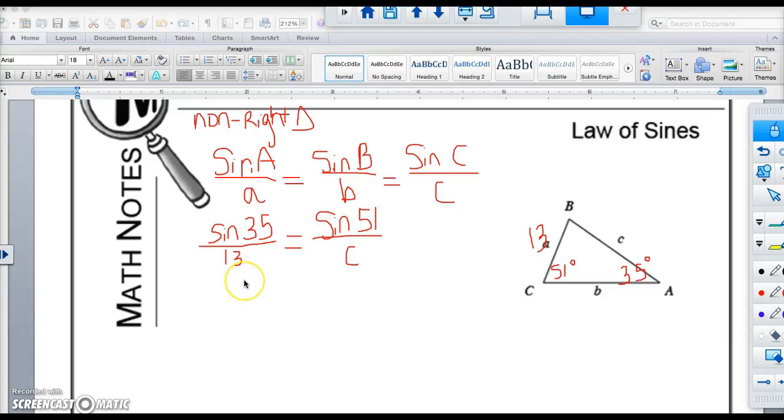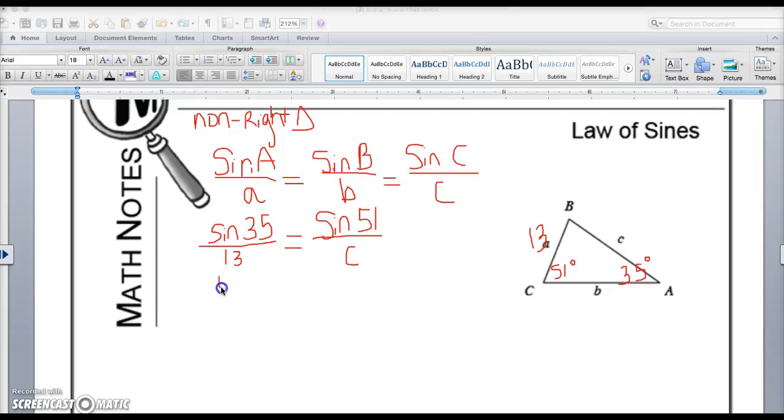Alright, and then this is a proportion, so I can cross multiply where I have c times sine 35 equals 13 sine 51. And again, I'm trying to solve for c, so I've got to divide both sides by sine 35. That gets rid of that.